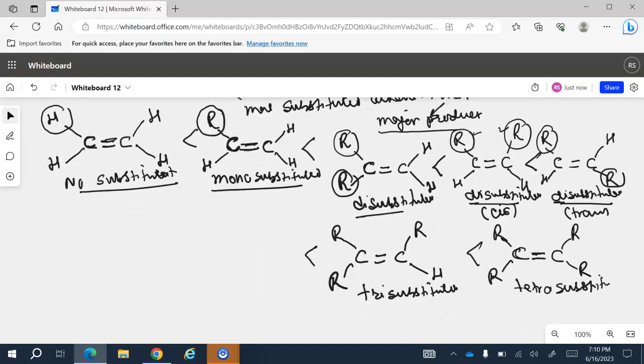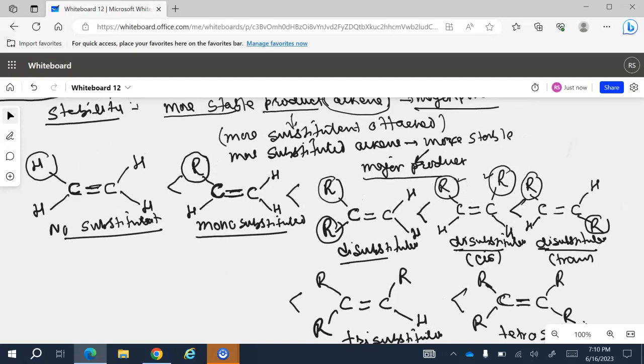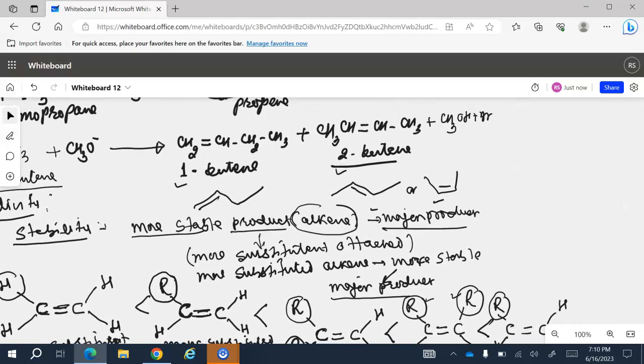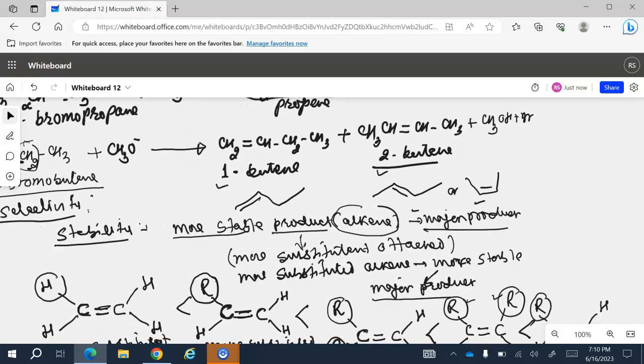Now, talking about the major product, if we go back to our problem in hand, in this case we saw that 1-butene has one carbon with two hydrogens across the double bond and the other with one substituent, so 1-butene is mono-substituted, whereas 2-butene has two alkyl substituents.